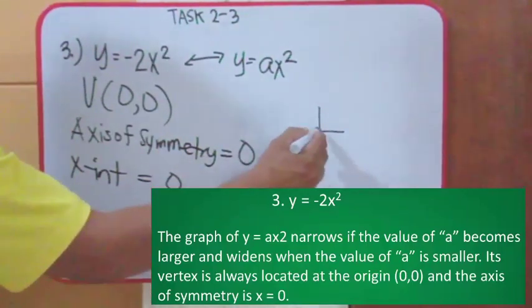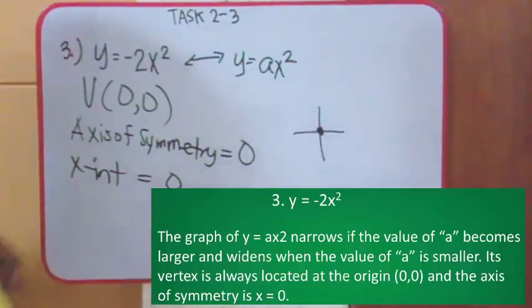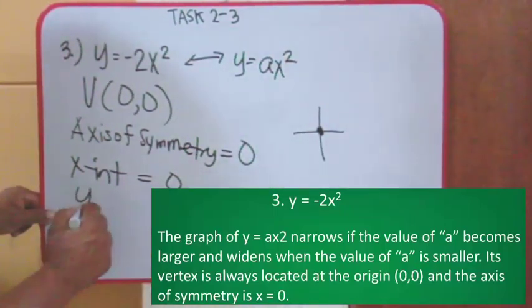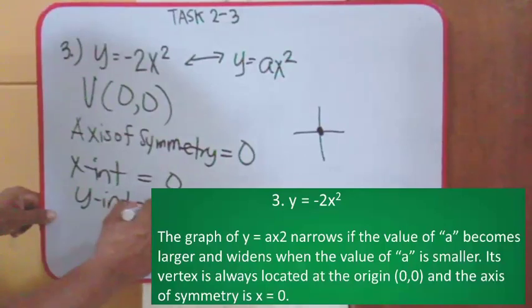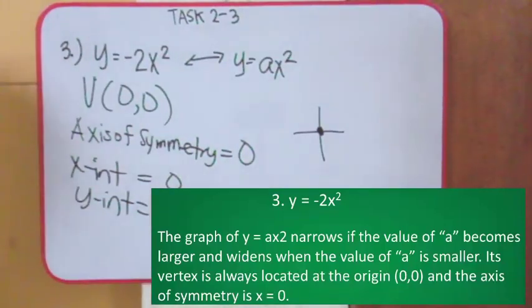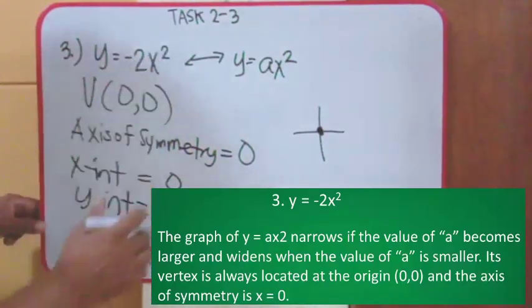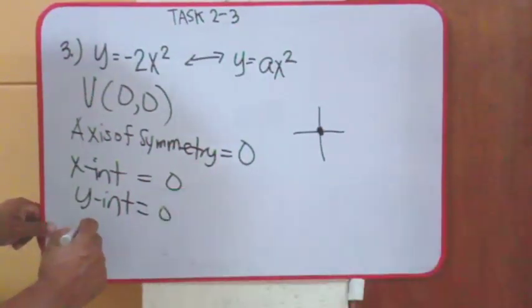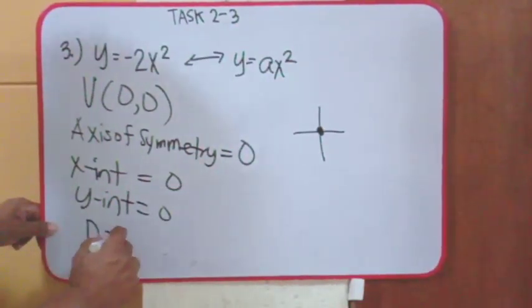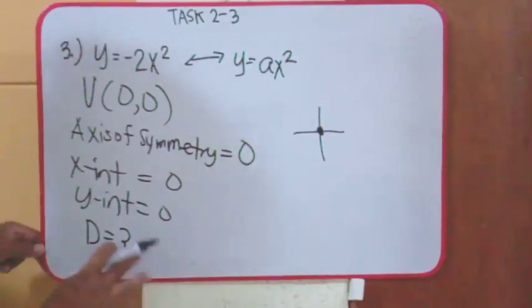Dito yan. So, nandito yung ating x-intercept. And y-intercept is also equals to 0. Okay. So, ano pa yung sasagutan natin? So, sasagutan natin dito in case is the domain. So, what is our domain?